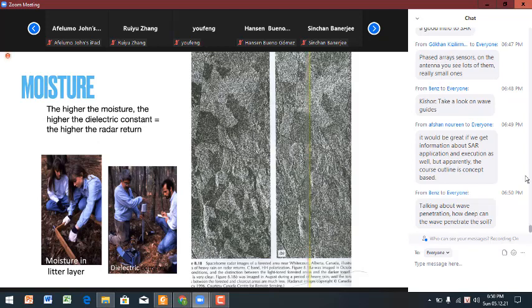So moisture will reflect stronger. If you have higher moisture in your soil, you have a higher dielectric constant and you get a higher radar return. So radar is able to detect soil moisture, and we can use SAR images for soil moisture.